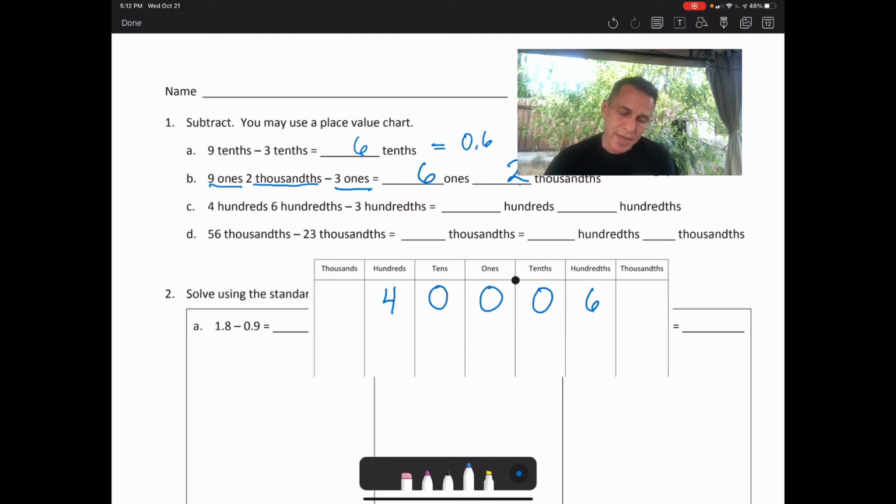And then I'm going to subtract 3 hundredths. That means the 3 has to go over here when I subtract. So I'm going to have 3 hundredths left out of this number. So I'm still going to have my 4 hundredths, but now I'm going to have 3 hundredths left. So in standard form, I will have 400 and 3 hundredths.